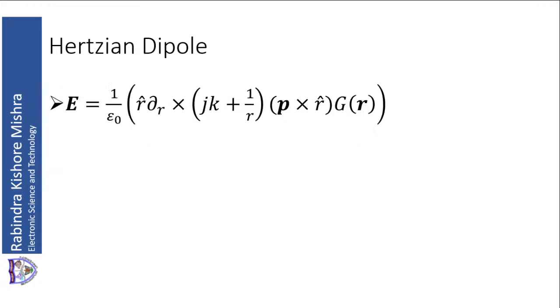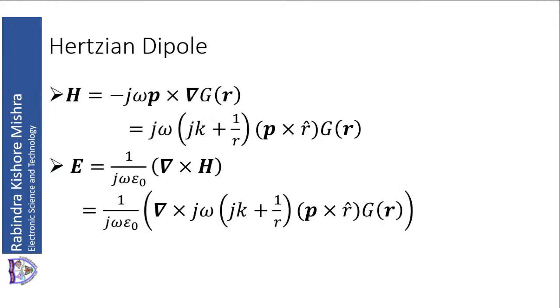And now let us write that in this manner. E is equal to 1 by j omega epsilon 0 into the last line you see. If you look at the last line, the j omega term is in the numerator as well as in the denominator.